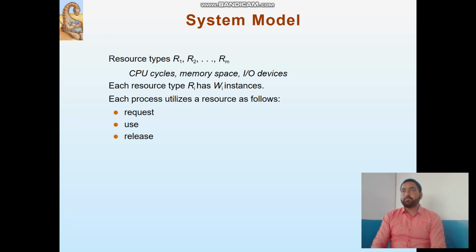Each resource type may have multiple instances of itself. That means if there are multiple devices such as a printer connected to the system, there can be one printer, there can be two, there can be 10.